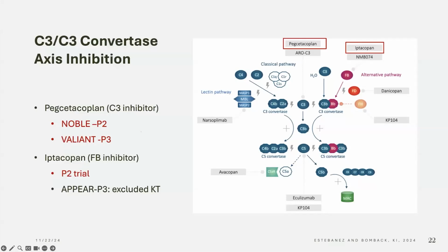Iptacopan is expected to have a suppressive effect on both convertases, resulting in an upstream and downstream regulation of the alternative pathway. It also completed phase 2 and phase 3 trials. These trials all showed positive results, but the phase 3 trial of iptacopan excluded kidney transplant, so I will not talk about it here.